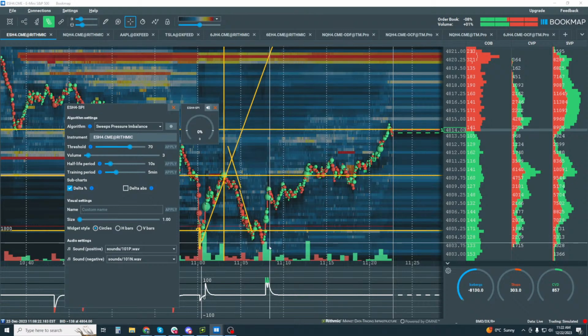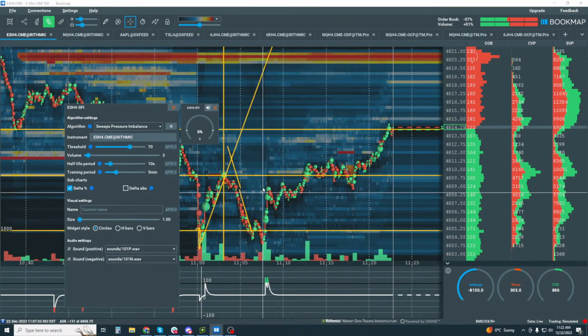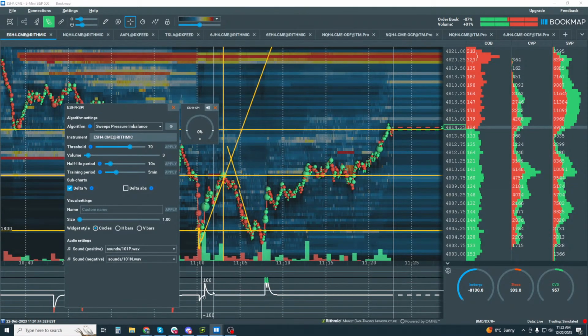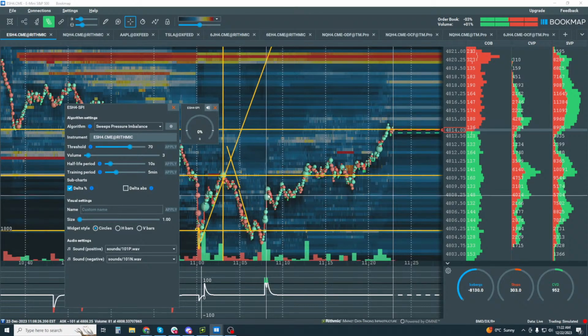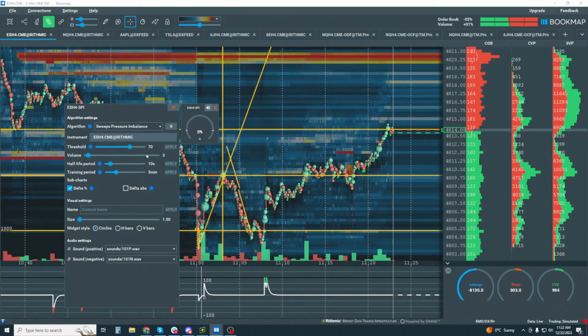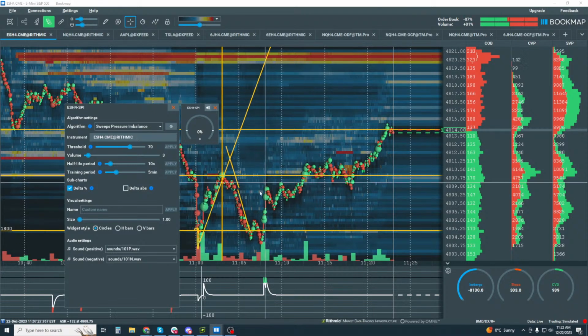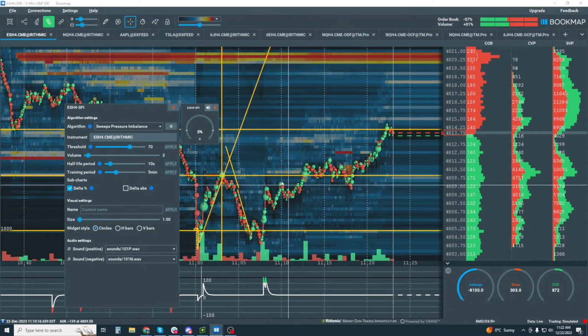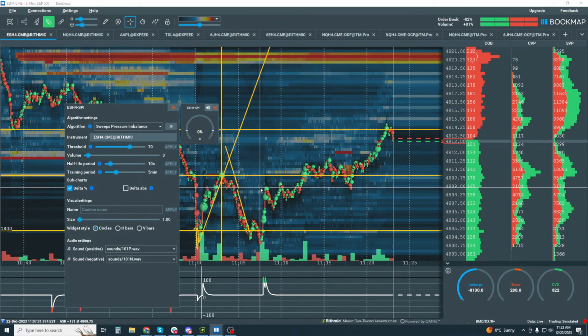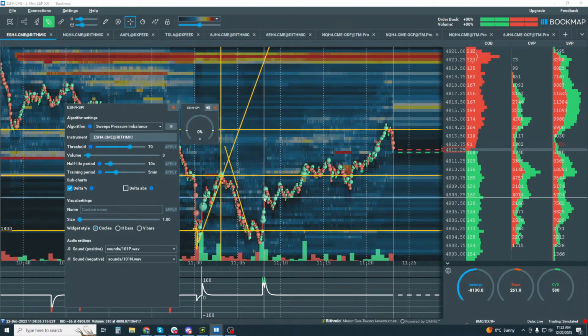Okay, so we saw a sweep here that I think we covered in detail, and that was that 41 that we saw swept here, and then that were actually stops. Okay, so a sweep is not necessarily a stop.